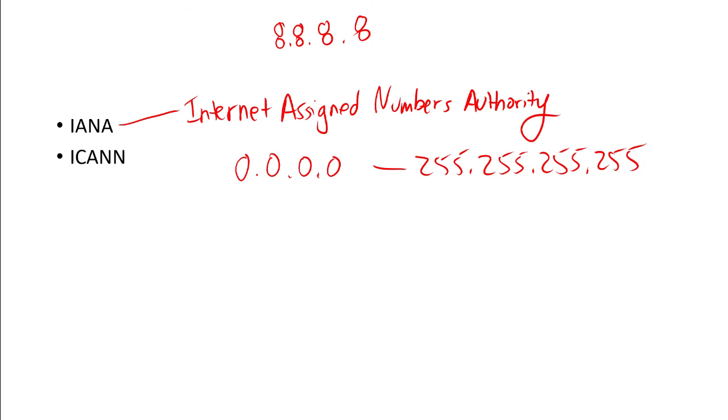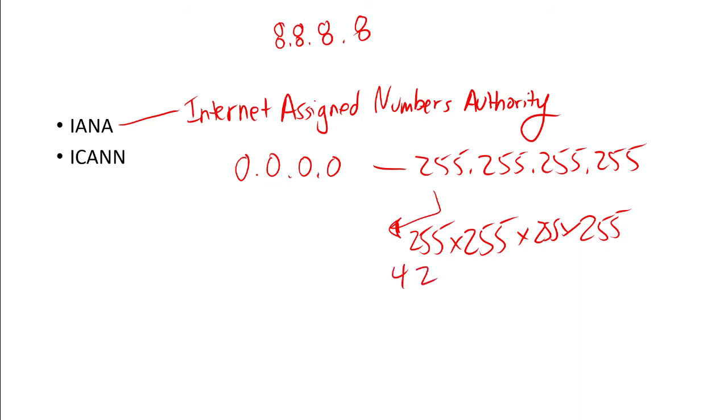And if you think about it, that's a lot of addresses. It's 255 times 255 times 255 times 255, which is 4 billion addresses, right? Which sounds like a lot.